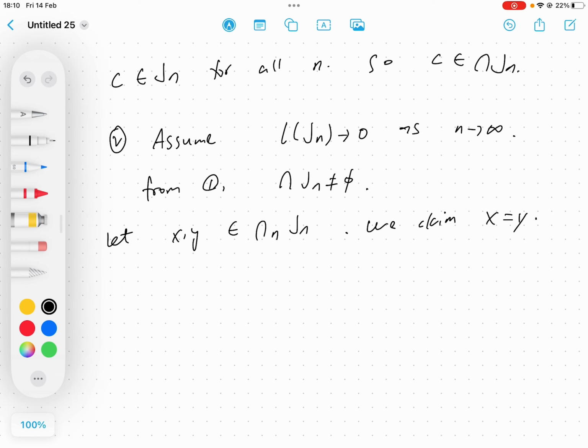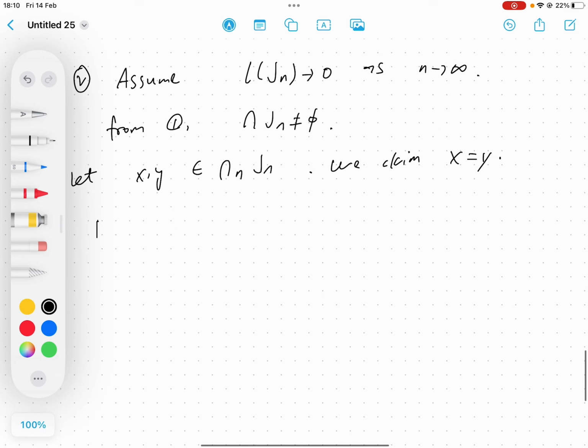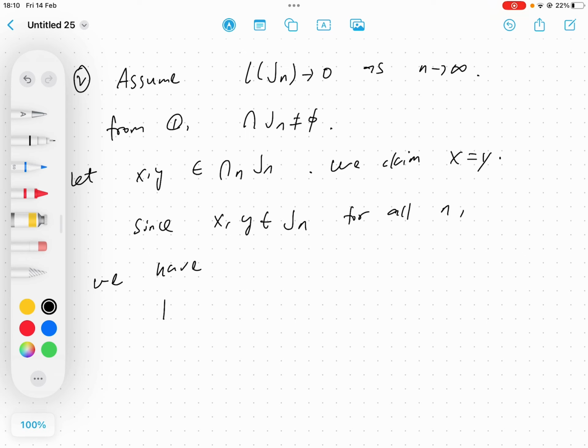Okay, and this is also a very nice way to prove this kind of argument, right? So since x and y are in Jn for all n, because they are in the intersection, this means the distance between x and y is less than or equal to the length of Jn, as we mentioned previously.